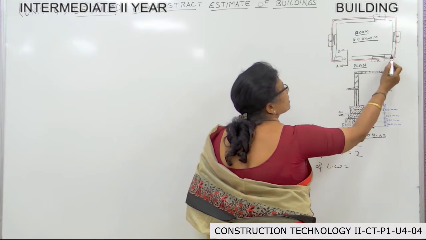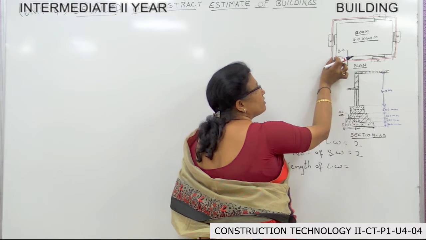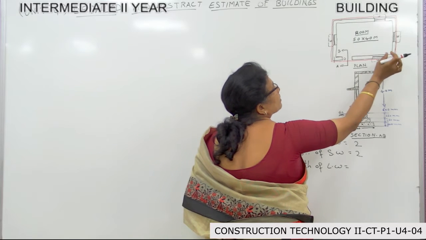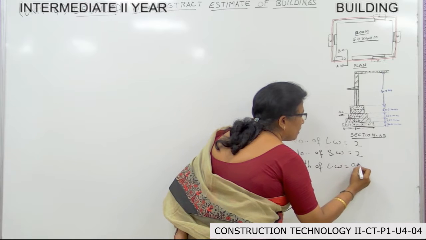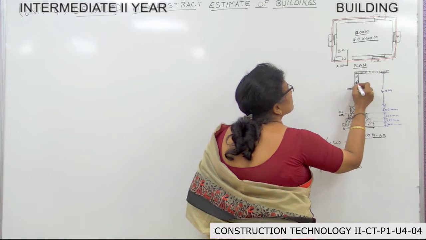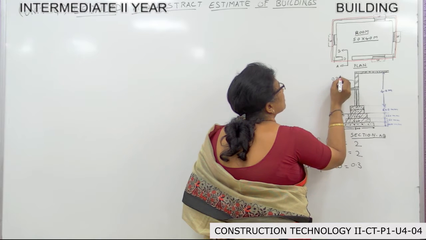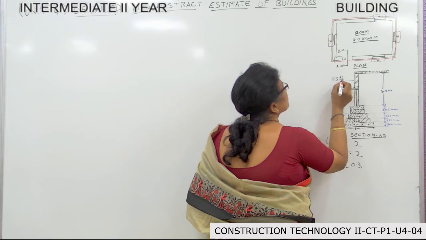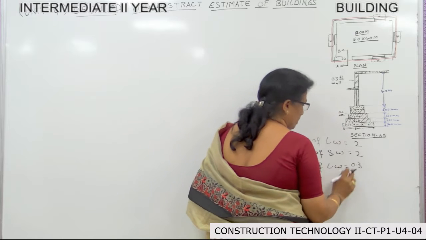So when you take from center of this wall to center of this wall, you have to take half of the width of this wall, then the total length of the wall, then half the width of this wall. The wall thickness here is 0.3 meter thick.